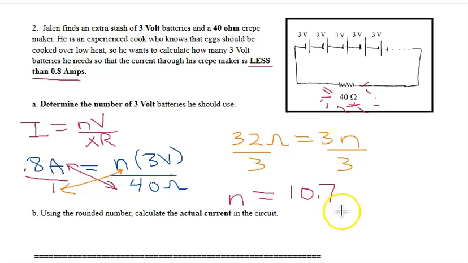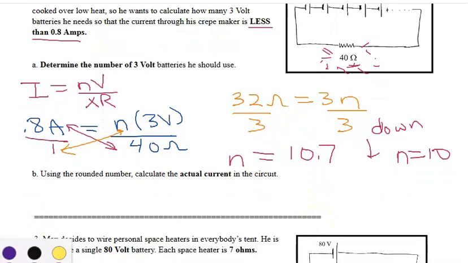The rules of rounding would tell you to round up to 11. But if you round up to 11, because this is energy, you're going to have too much current. So you want to round down to 10 to make sure that you don't have too much current. Then we check our work by calculating the actual current.